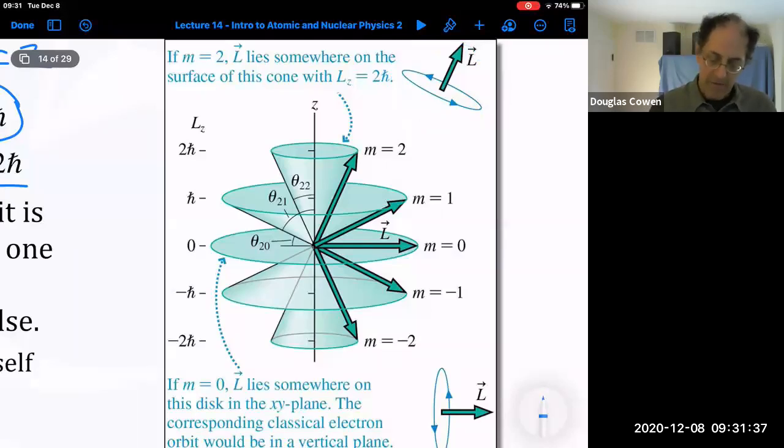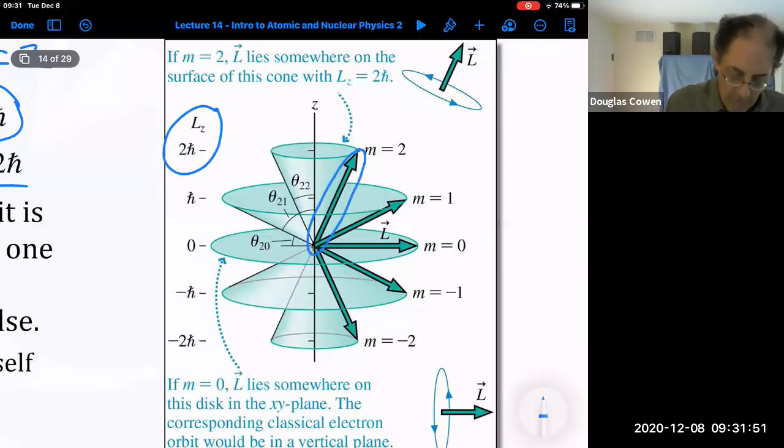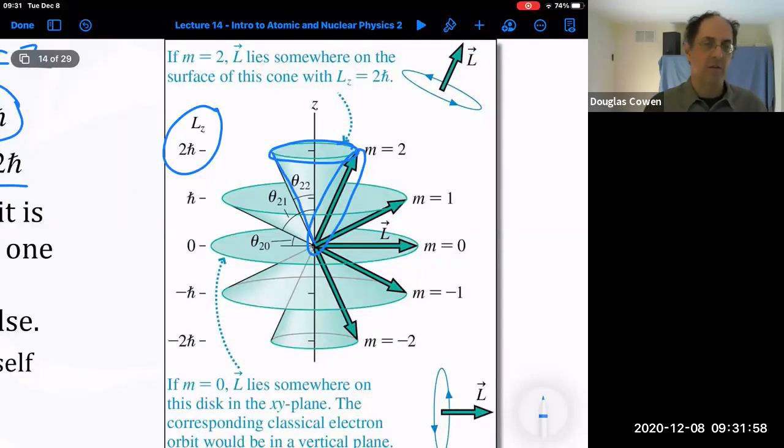And what this says, with the fact that L sub z is equal to 2 h bar, is that this angular momentum vector here can only exist somewhere on this cone here, because only on that cone does its projection onto the z-axis give you this 2 h bar. That's for the case of m equals 2.